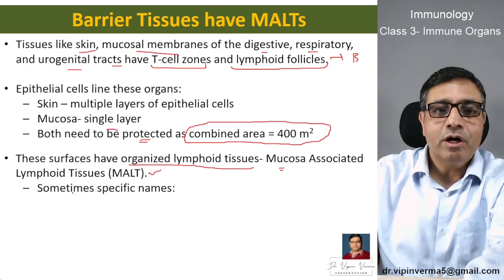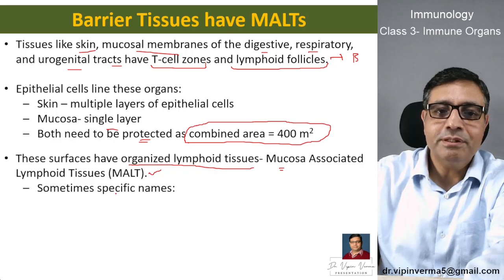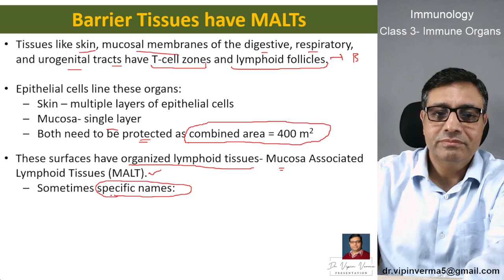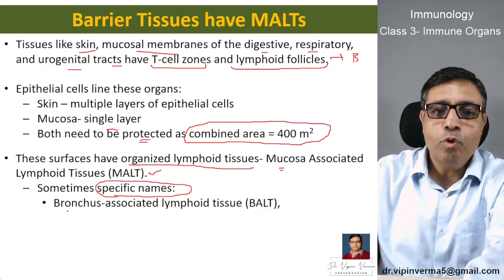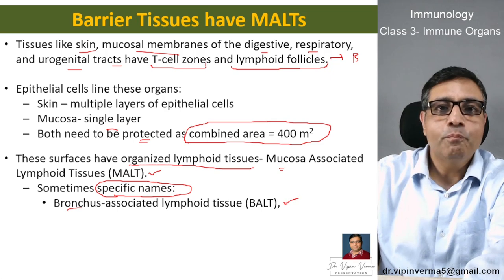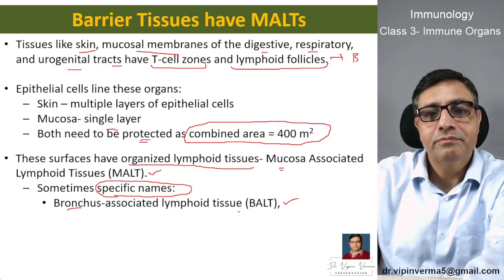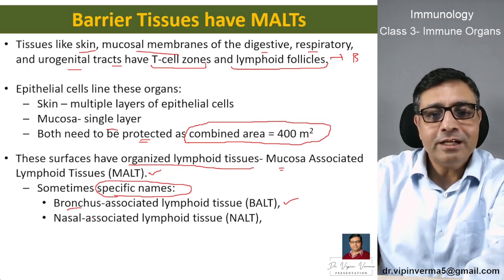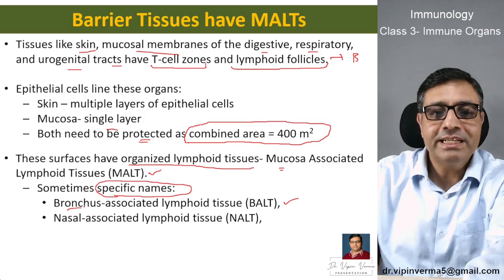Now, sometimes these MALT have specific names based on the location. Bronchus associated lymphoid tissues: if they are present in the bronchi of the lungs, we call them bronchus associated lymphoid tissues or BALT. Nasal associated lymphoid tissues, if they are present in our nasal cavity, in the nose, we call them NALT.